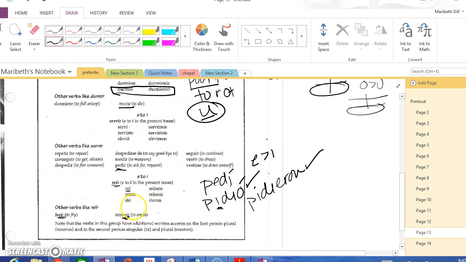What you can see happening here is the E changes to an I right here, but we don't need 2 I's like in our ending. If we followed the rules exactly, it would be rió, with our ending, and that's just crazy. So it's just rió and rieron for the ending. And freír and sonreír are going to do the same thing.